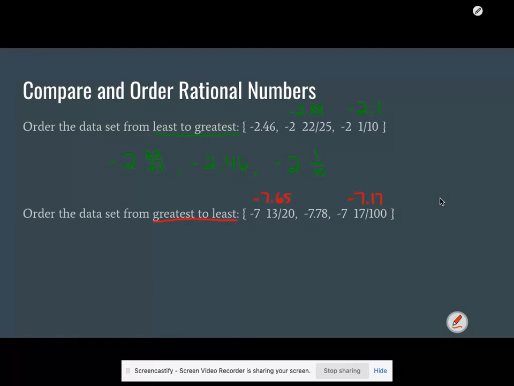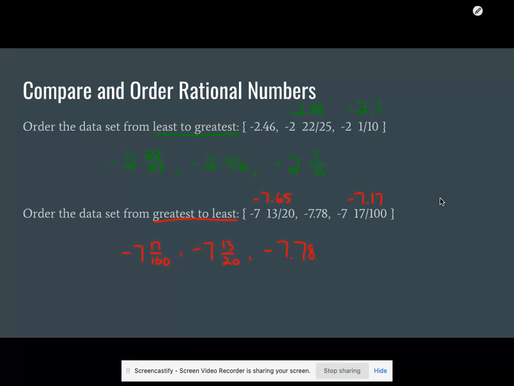So the closest number to 0 is my negative 7 17/100. Then I have negative 7 13/20. And lastly, my most negative number is negative 7.78. And that would be my final answer.